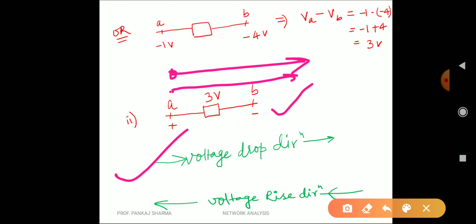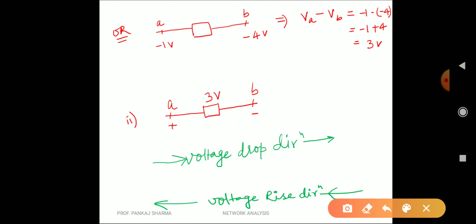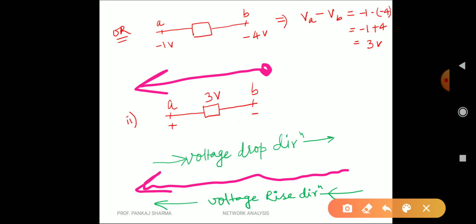The reverse of this direction is your voltage rise direction, going from minus to plus. This is a very small concept, but very useful and important while solving various numerical examples.